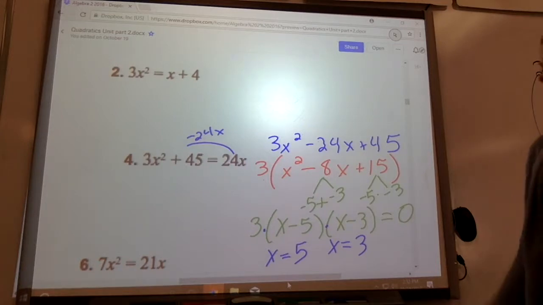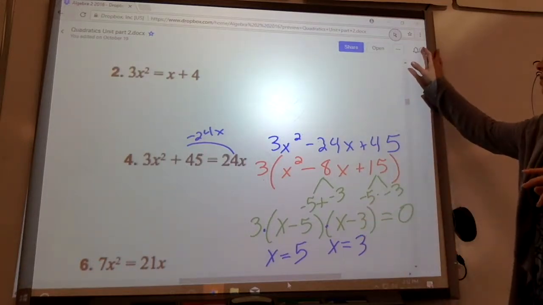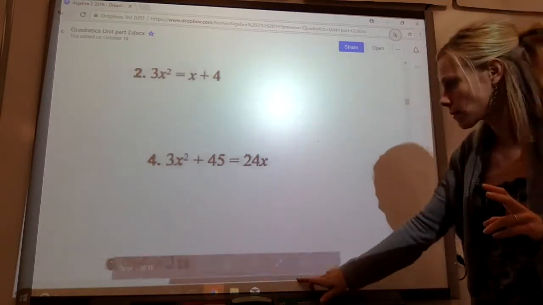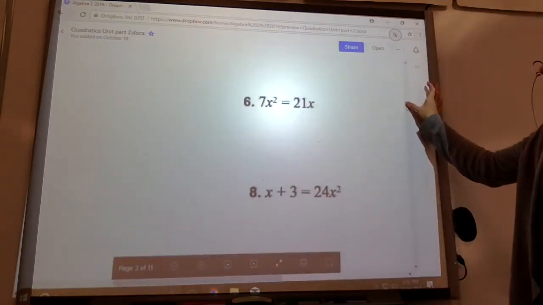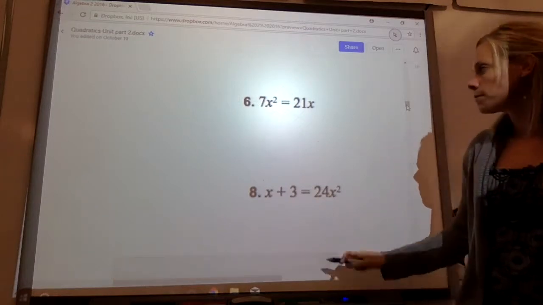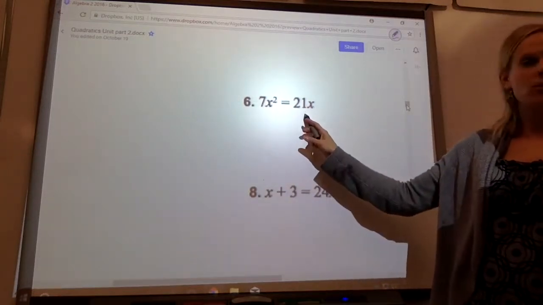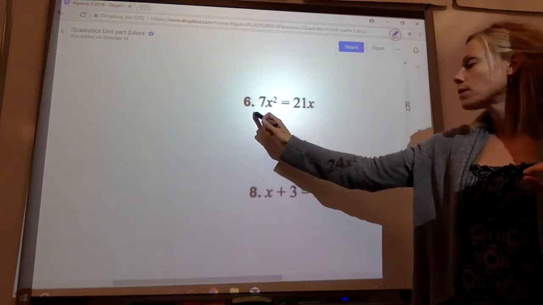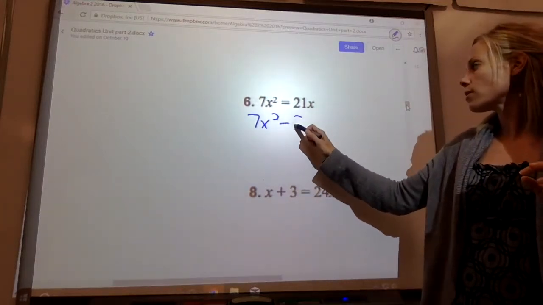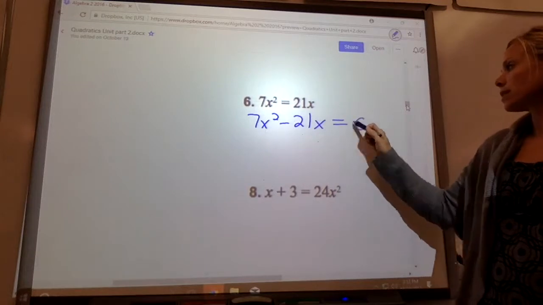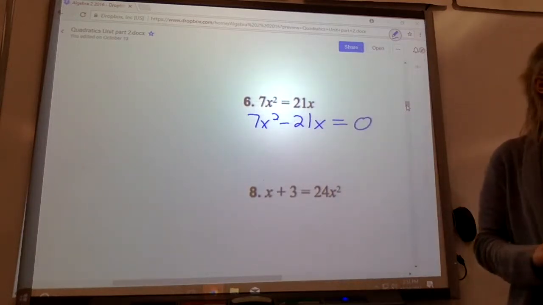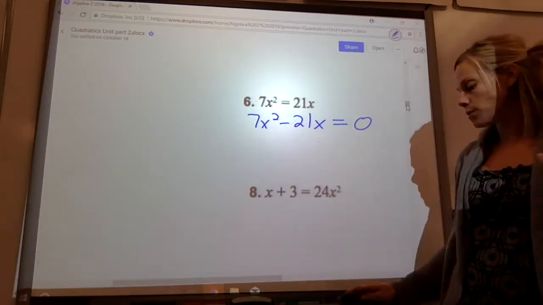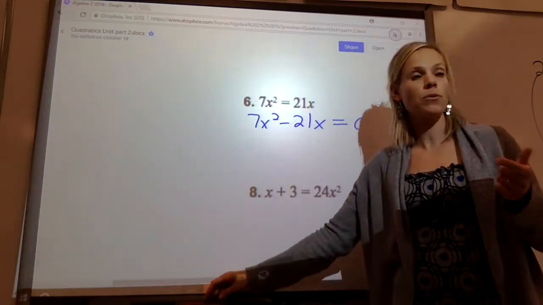So let's look at some distributing factoring ones when I just have 2 terms, like this one. So I just have 2 terms. You want to keep the a term positive. So I would subtract the 21x over, set it equal to 0. Okay. Now this is that reverse distribution. So I look at both terms and I think, what can I factor out of both terms?